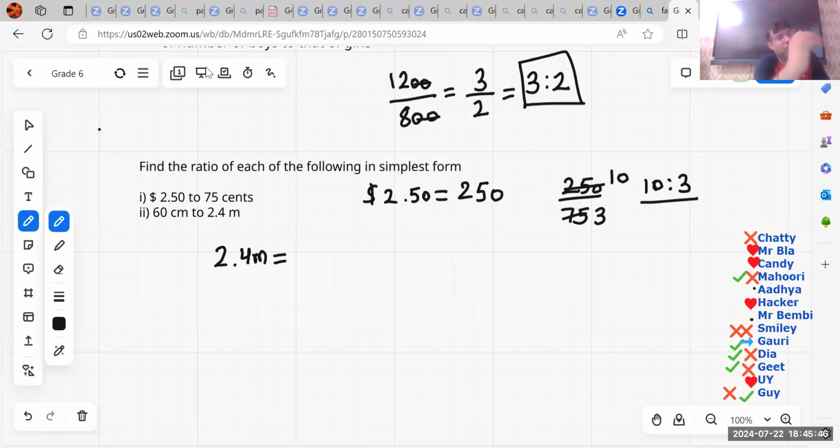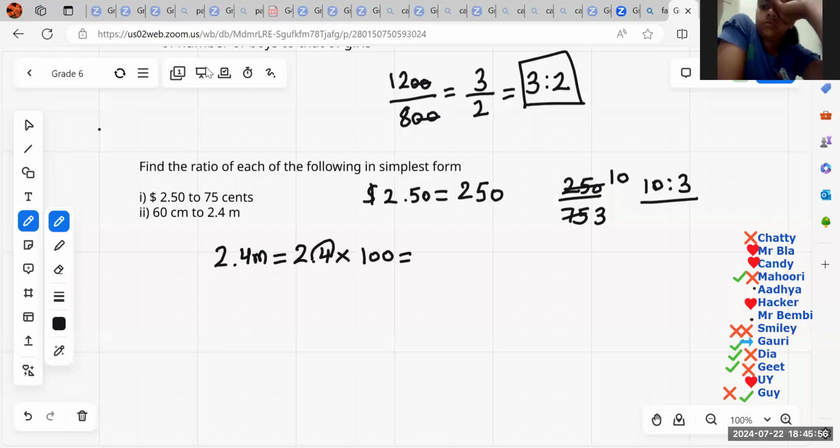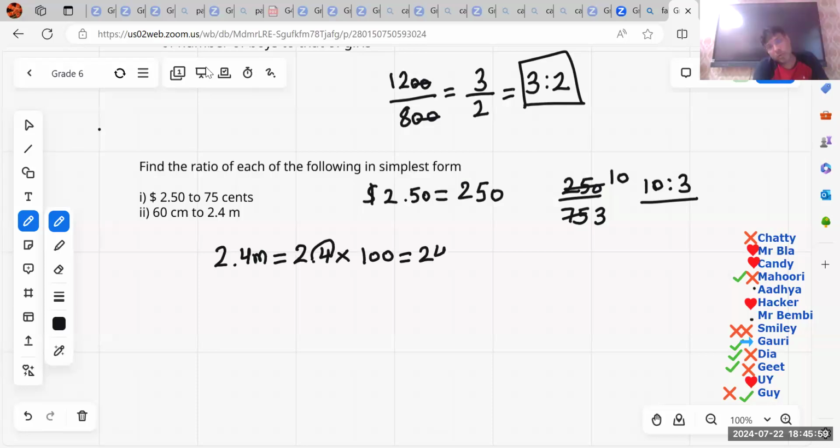Those who got it wrong. 240, multiplied by 100. So it will become 240 centimeters. So 60 upon 240 gives you 1 by 4, which is 1:4.